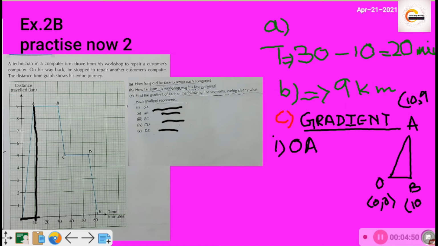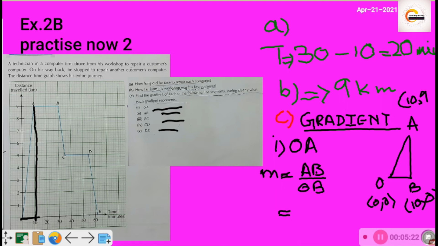So point A is (10, 9), point O is (0, 0), and point B is (10, 0). As we know that gradient means rise upon run, it's going to be AB upon OB.